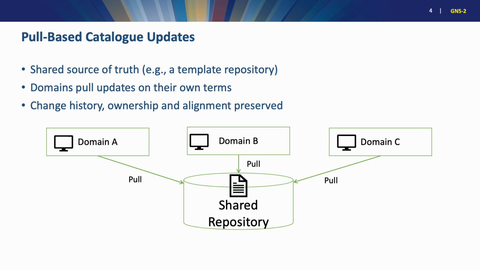Every change is versioned, every update leaves a record, and nothing is applied by accident. Teams can always see what changed, why, and when. The diagram here shows how this works in practice. Multiple domains stay connected to a shared template source, but each one pulls updates on their own terms.